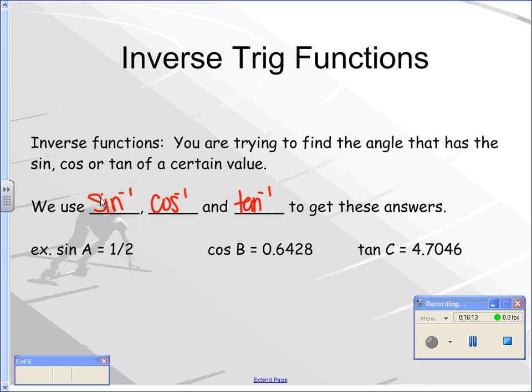The way that you read this: sine inverse, cosine inverse, and tangent inverse, not sine to the negative 1. Sine inverse. Okay? Does that make sense? Those are the inverse functions. We'll get there.